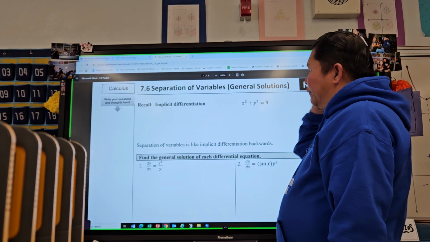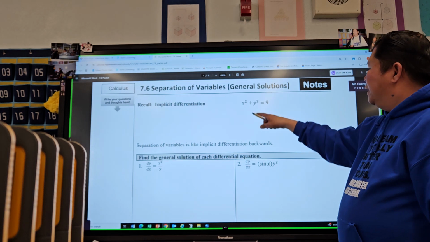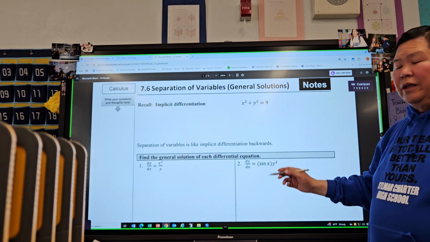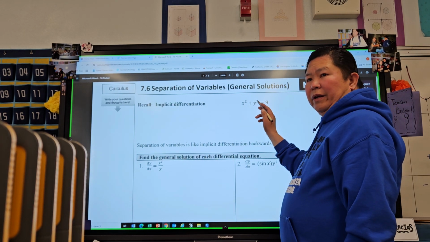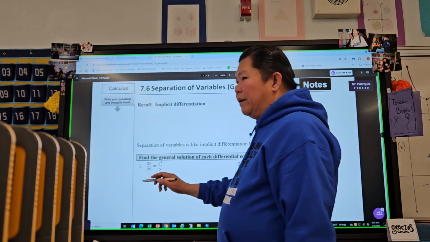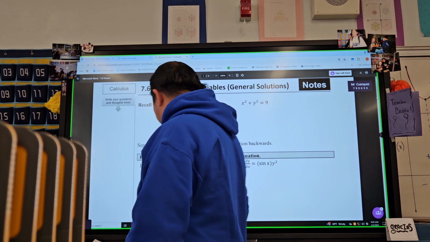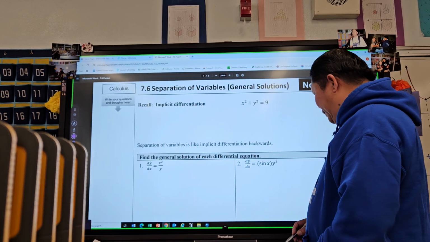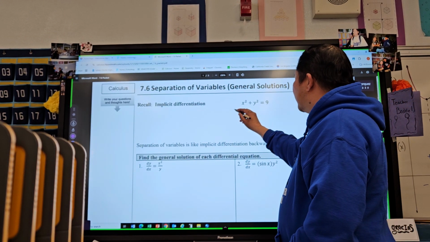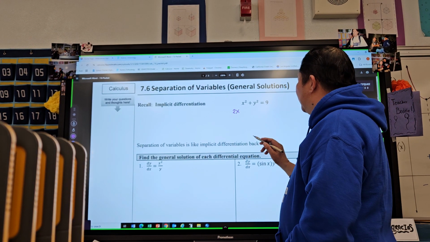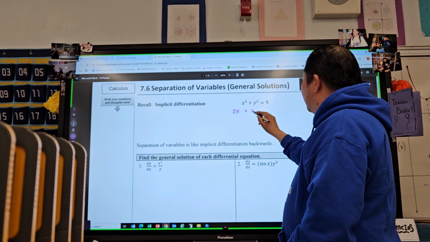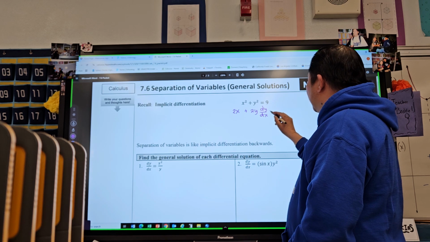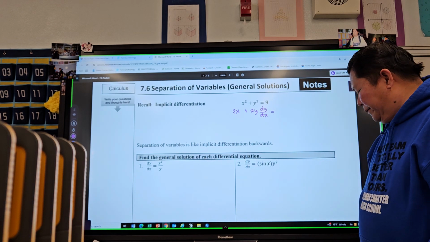So we're gonna recall for implicit differentiation that in this case we're gonna solve implicitly, right? So what is the derivative of this now? We're gonna have 2x plus 2y dy dx is equal to 0, right?